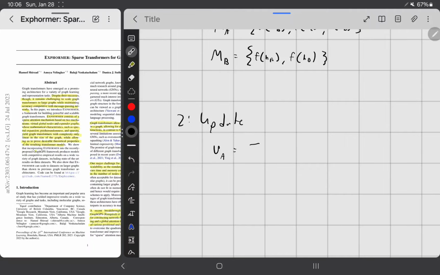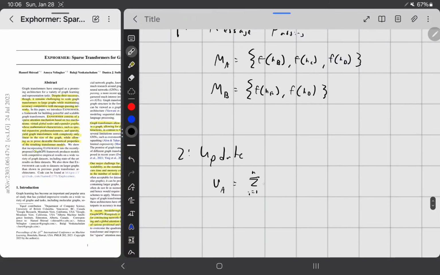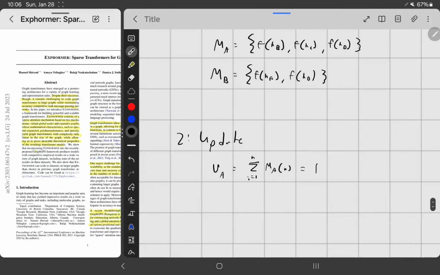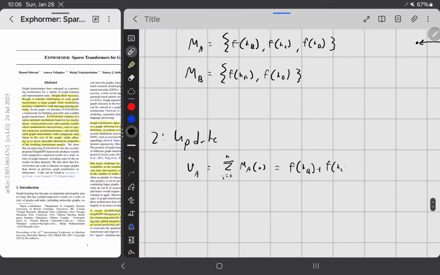So U of A is equal to the sum, i equals 1 to n of f of, we'll define it as m_A of n, where the nth element is just that one. So it would be equal to f of hB plus f of hC plus f of hD.